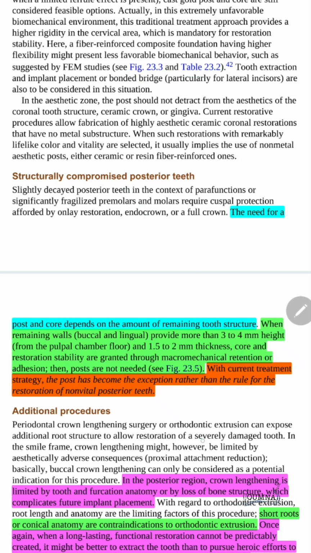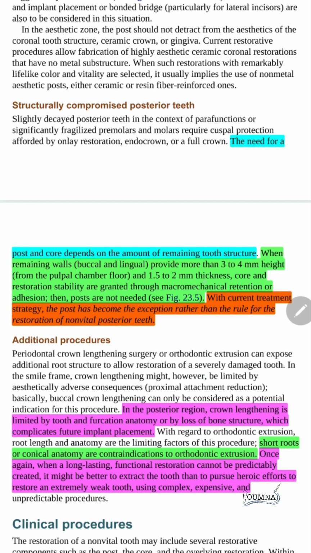For the posterior teeth, they came to a conclusion that if we have remaining buccal and lingual walls that are 3 to 4 millimeters in height, and their thickness is 1.5 to 2 millimeters, we do not need a post with the crown.